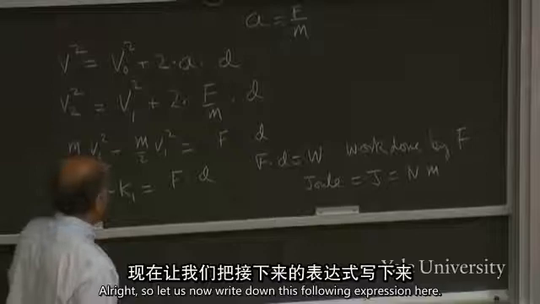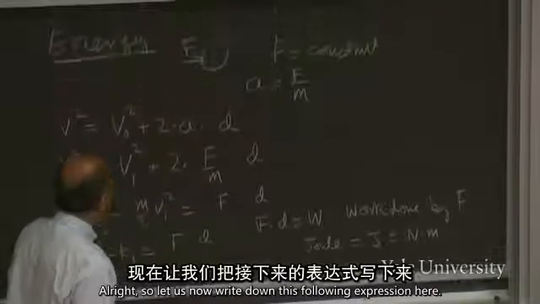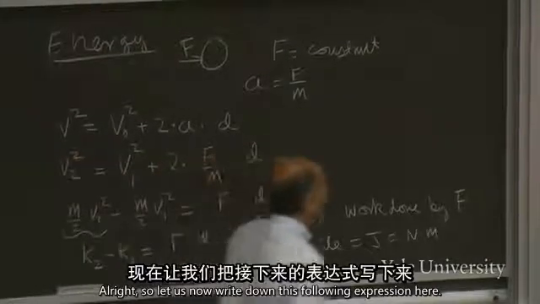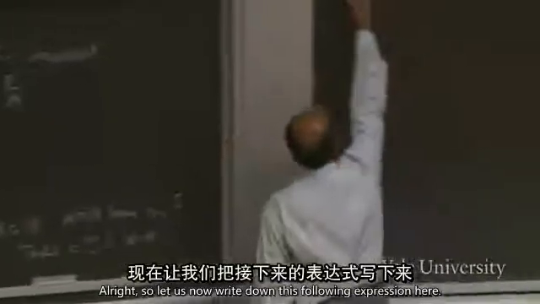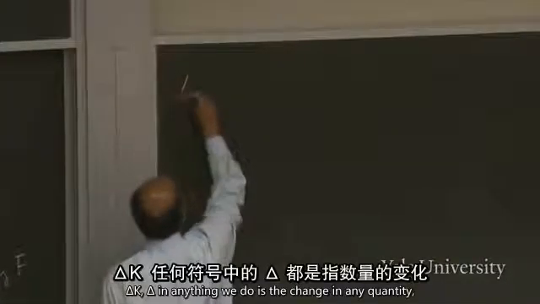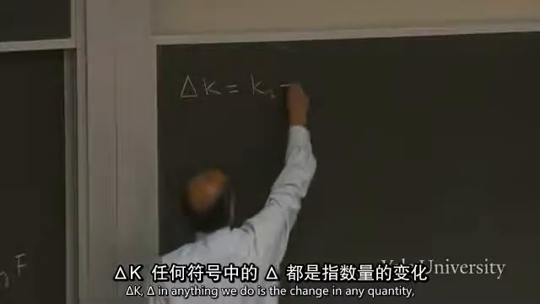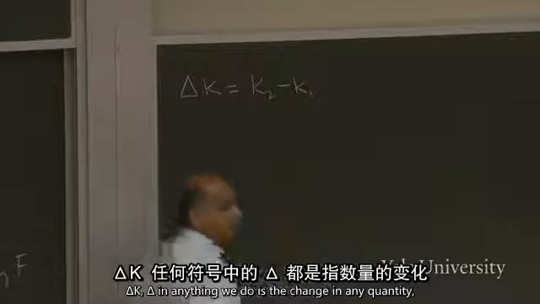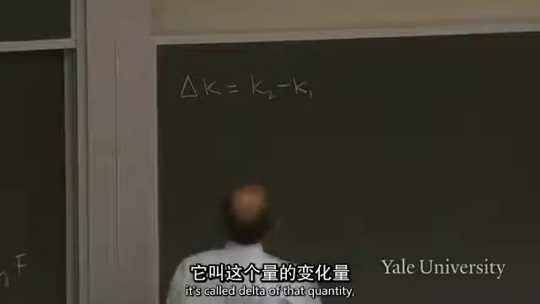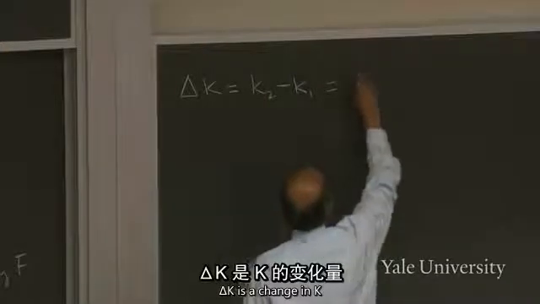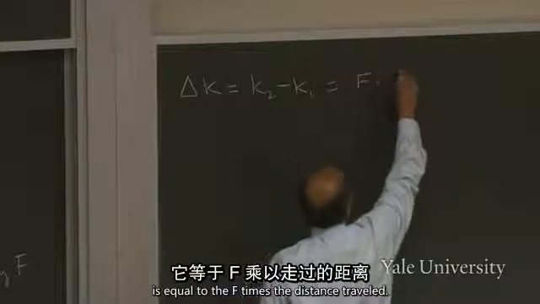All right, so let us now write down this following expression here. Delta K. Delta K, in anything we do, is a change in any quantity. It's called delta of that quantity. Delta K, the change in K, is equal to F times the distance traveled.